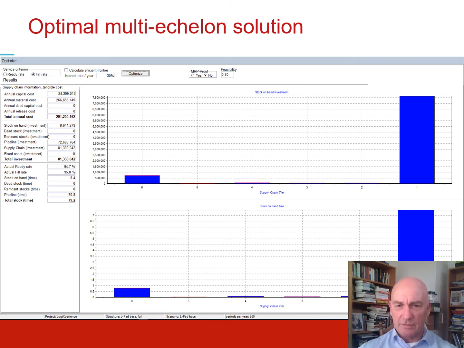A bit scary, of course, is that you see that all these stock points over here don't seem to carry any inventory. That basically means that from inventory of purchase items, it seems that the inventory flows from that point into the point where it meets the customer.